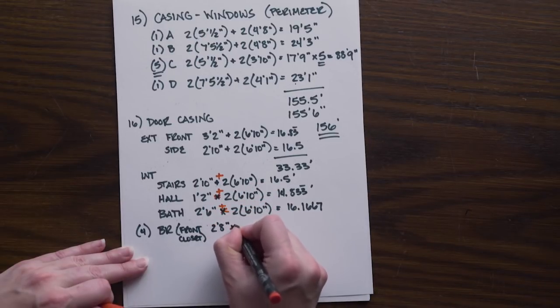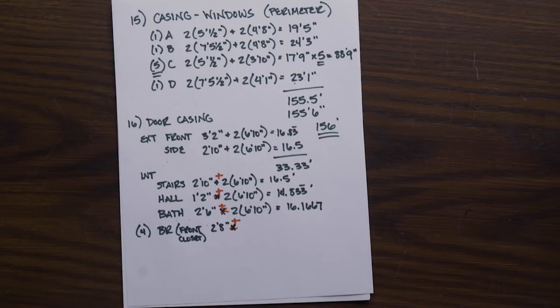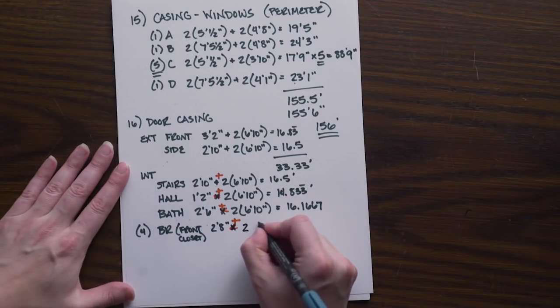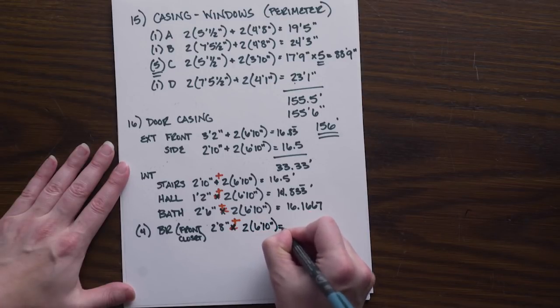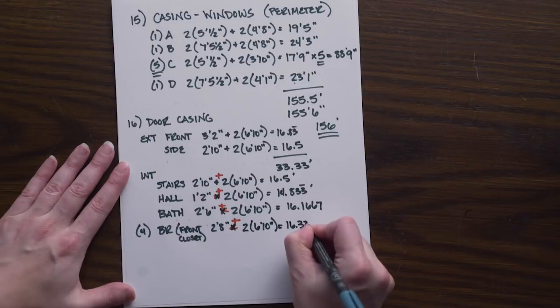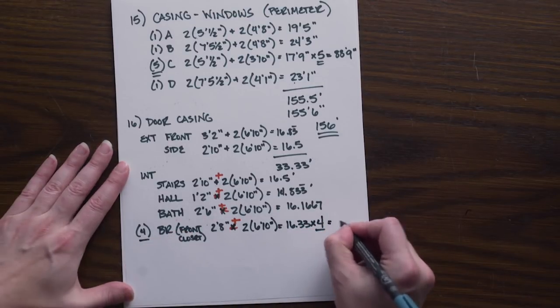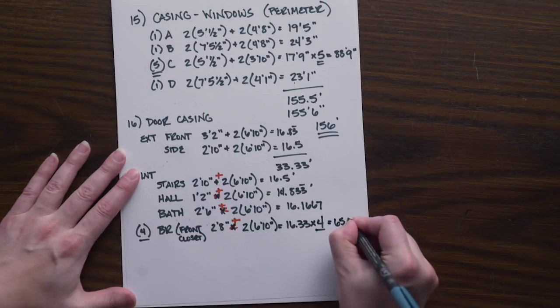We are finding a perimeter, not an area. So 2 times our 6'10", 16.3 repeating, times our quantity of 4, 65.3 repeating.